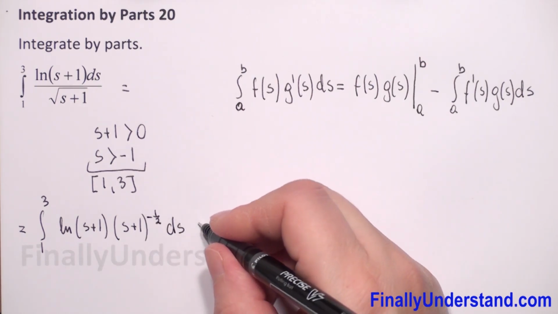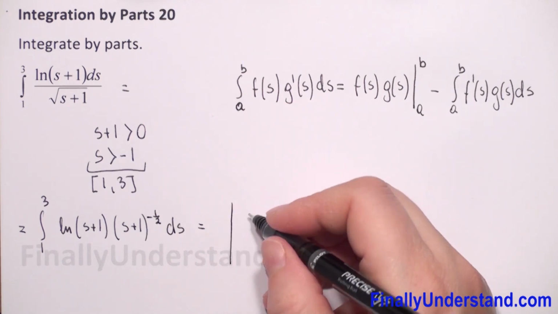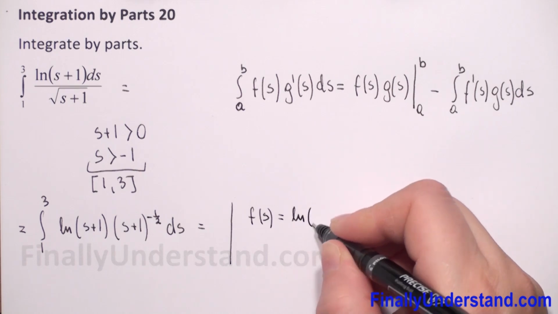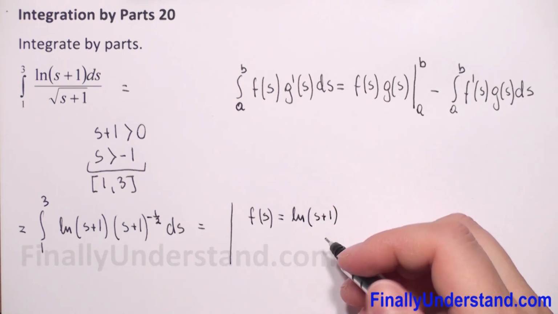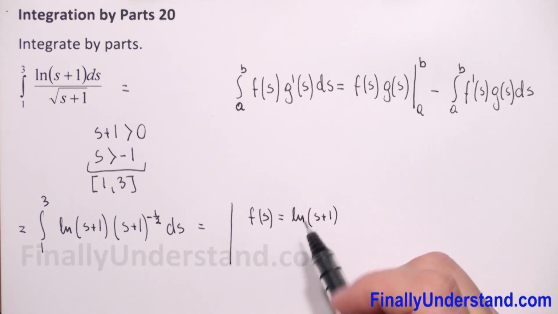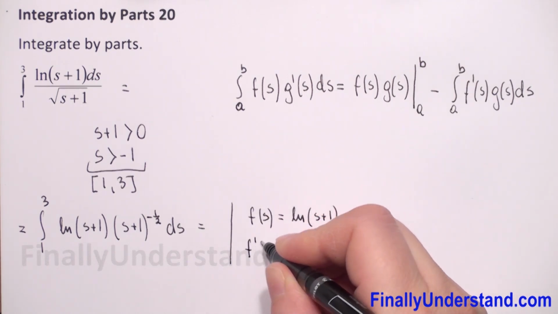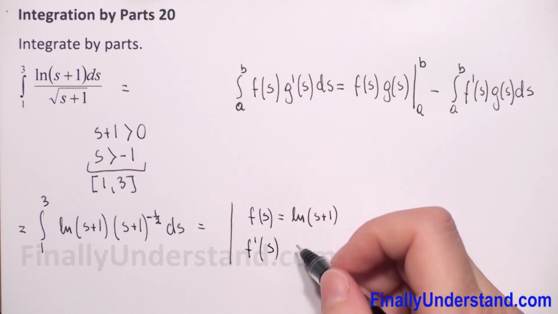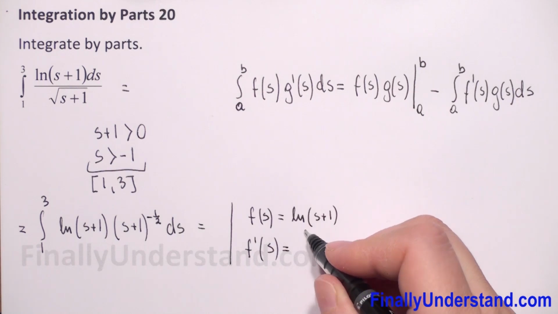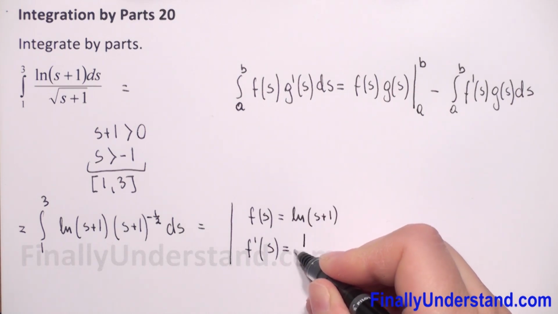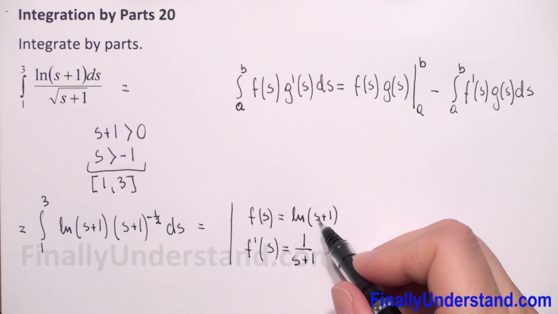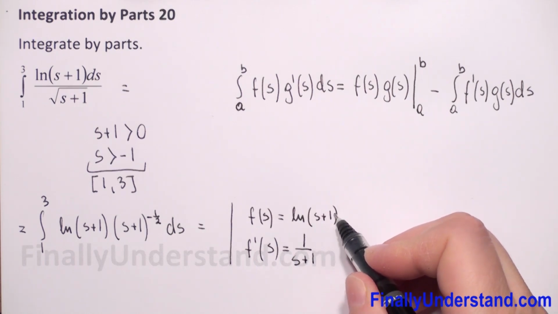Next, let me put that our f of s is equal to natural logarithm of s plus 1. Why did I put f of s equals natural logarithm? Because it's very easy to find derivative f prime of s, and we will reduce now our logarithm to a function. Derivative of natural logarithm of s plus 1 is 1 over s plus 1, times derivative of the function which is in parentheses.